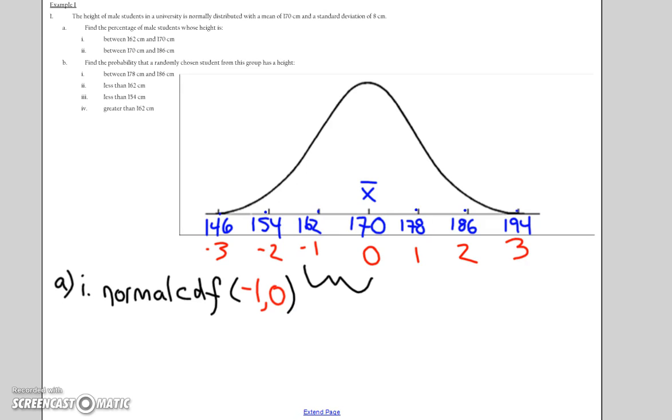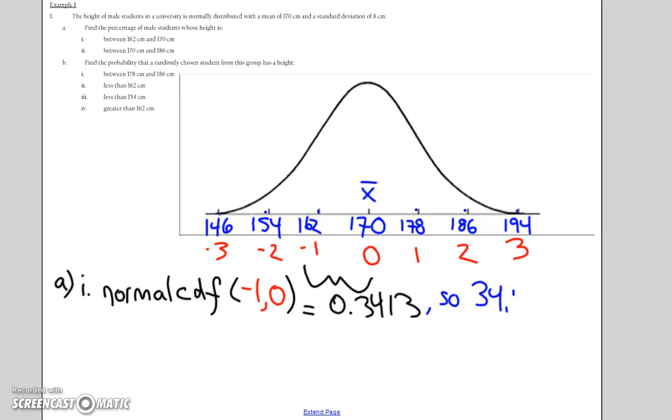If you're doing this using the reference table, find all locations where it's between, so there are 2 little bars between -1 and 0. And whether you use the calculator or the reference table, it should be roughly 0.3413. Now this question asked me for the percentage, so we would have to multiply that by 100.